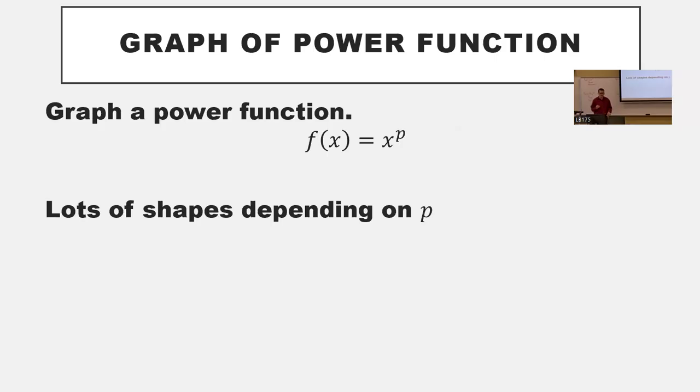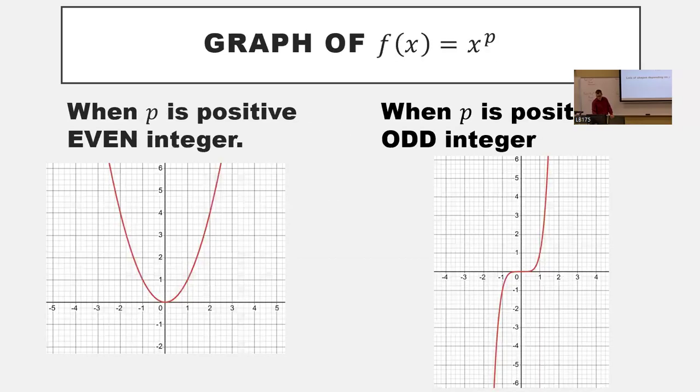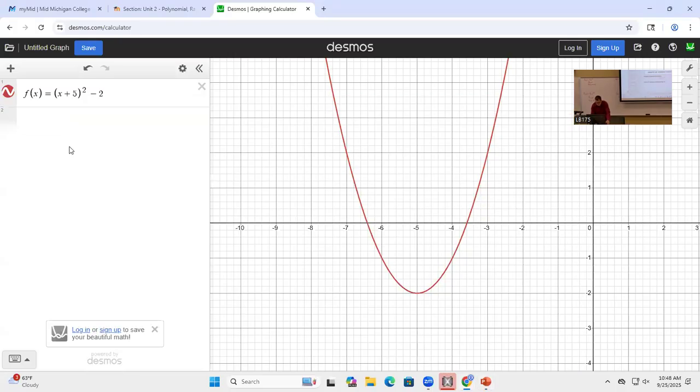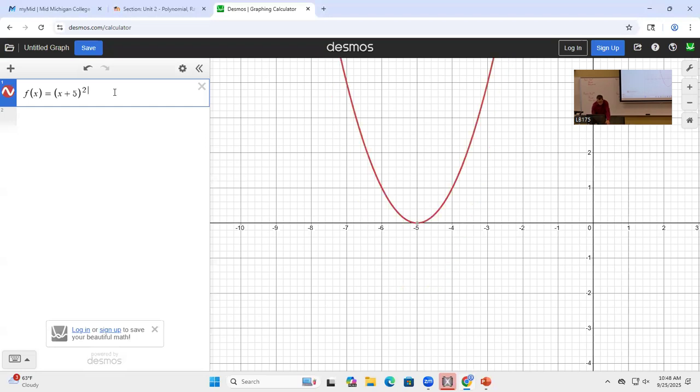Now, we're going to take a look at a couple of graphs of power functions, when those power functions have integer exponents, or actually we'll go through whole number exponents. Does that make sense? So let's start out by just graphing power functions. f of x is equal to x raised to some power.